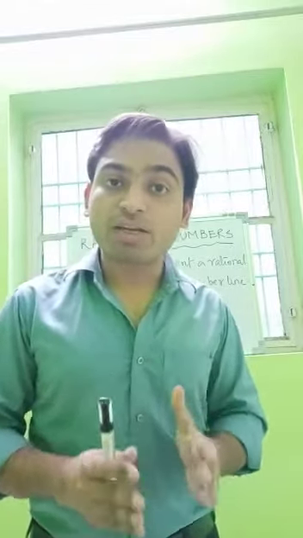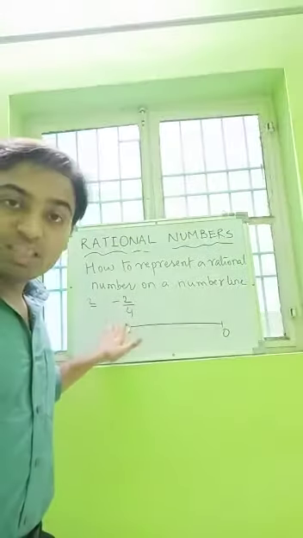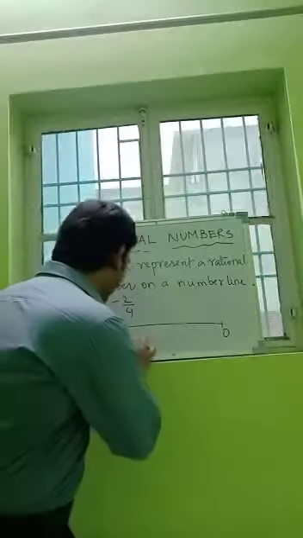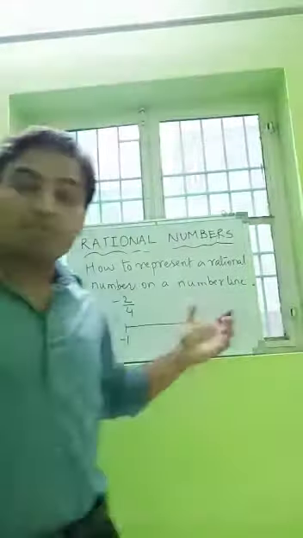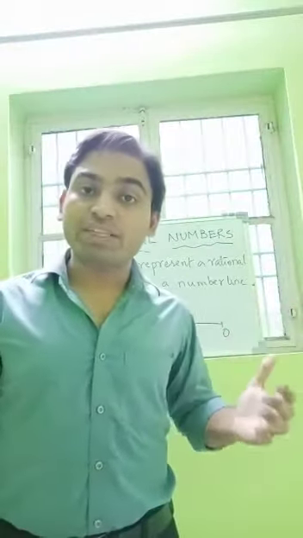This means that the 0 will come here, yes, here, and this point will be minus 1. Okay, so in between these 2 points the given ratio number is going to lie.